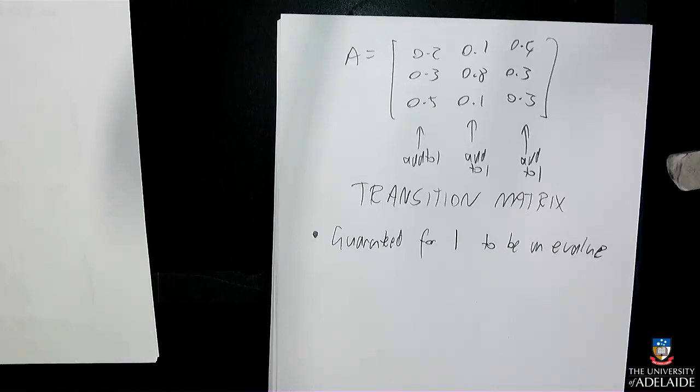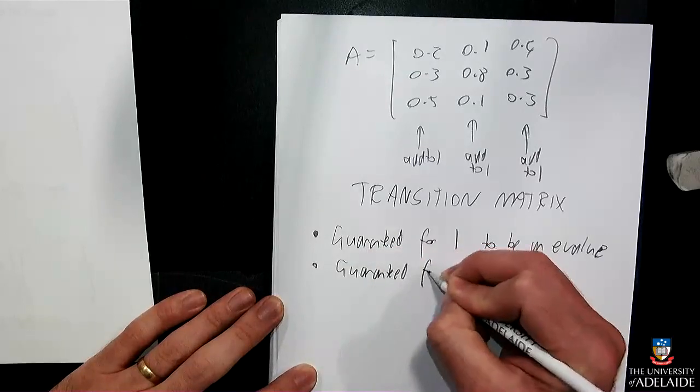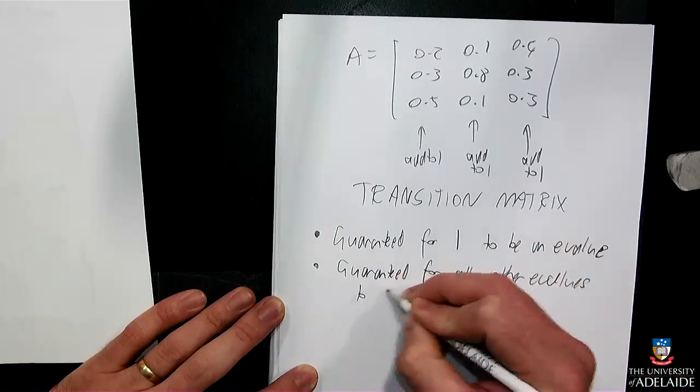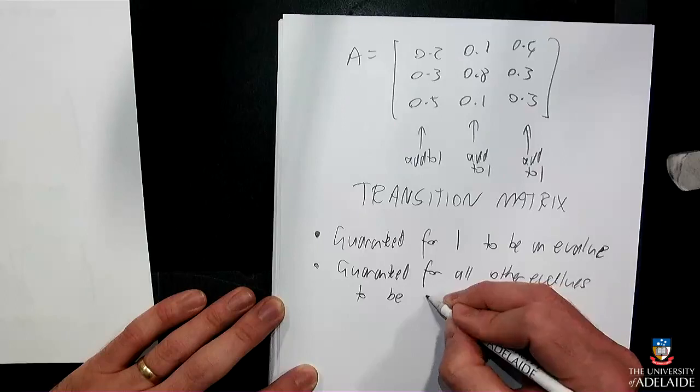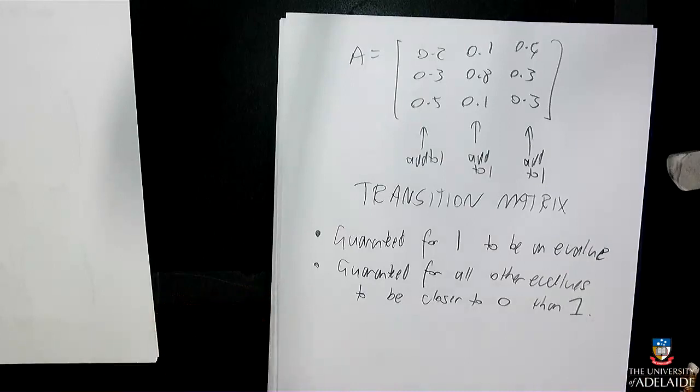You're also guaranteed for all of the other values for that to be the biggest eigenvalue. The others are closer to 0 than 1. It is possible that some of them will be negative, but they'll be like negative 0.2. It's got to be less than 1, like in terms of its size. So that's for transition matrices only, all right, for Markov chains. For a normal dynamical system, all bets are off and you can have whatever you want.